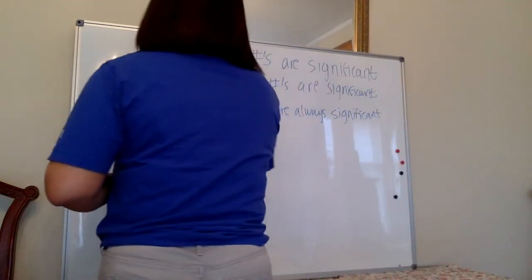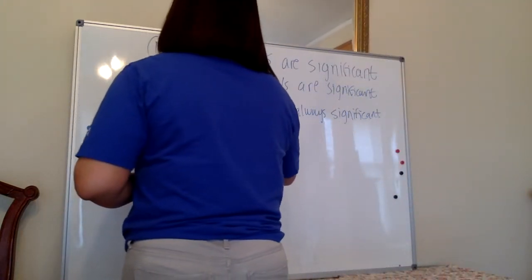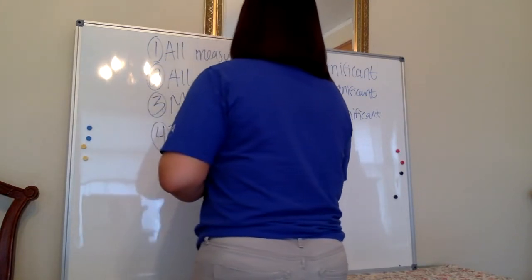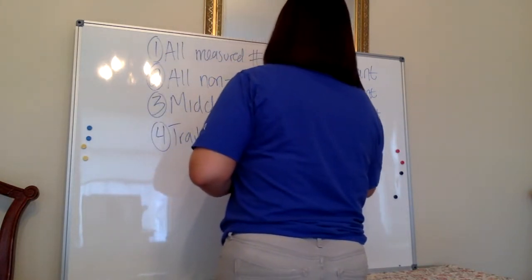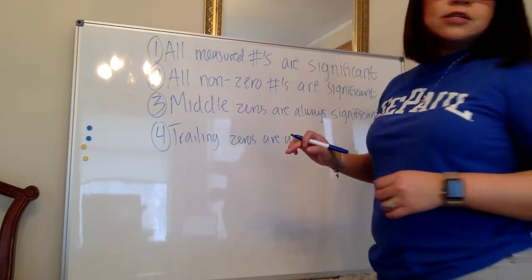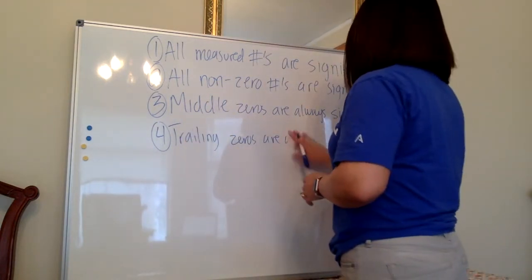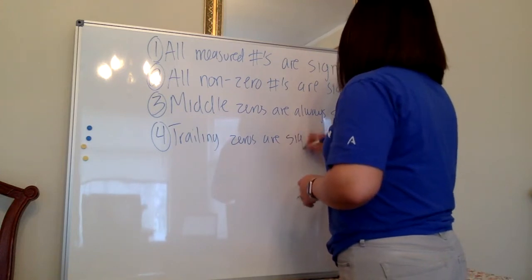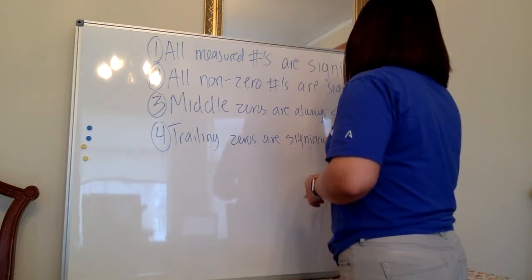Trailing zeros are always significant, my bad, if there is a decimal point.